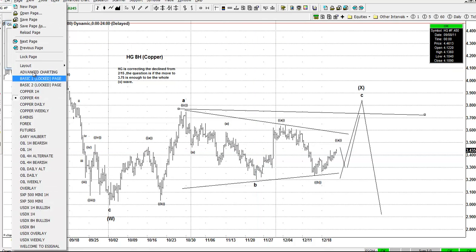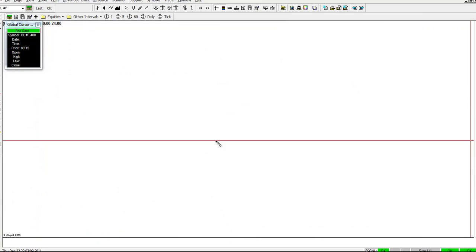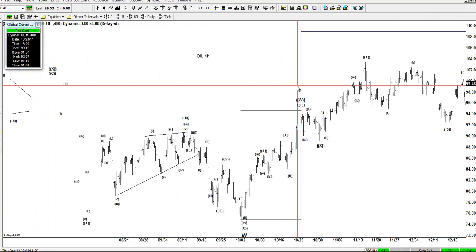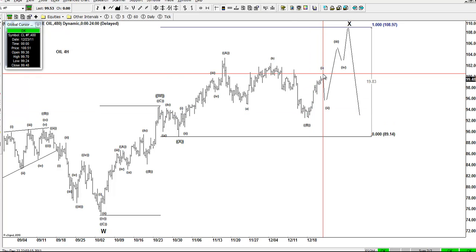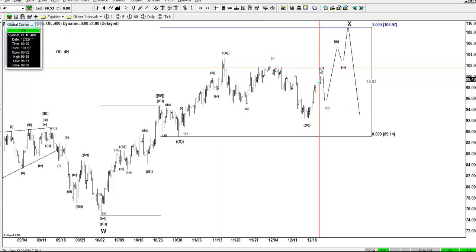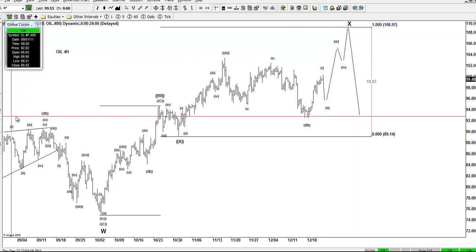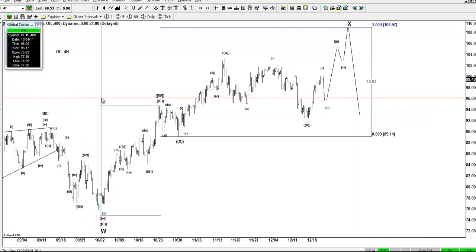The same happened with oil. Look at oil. Oil has made a swing of 5 waves without taking the high, meaning that oil is going to go minimum to the 108, 110 area.